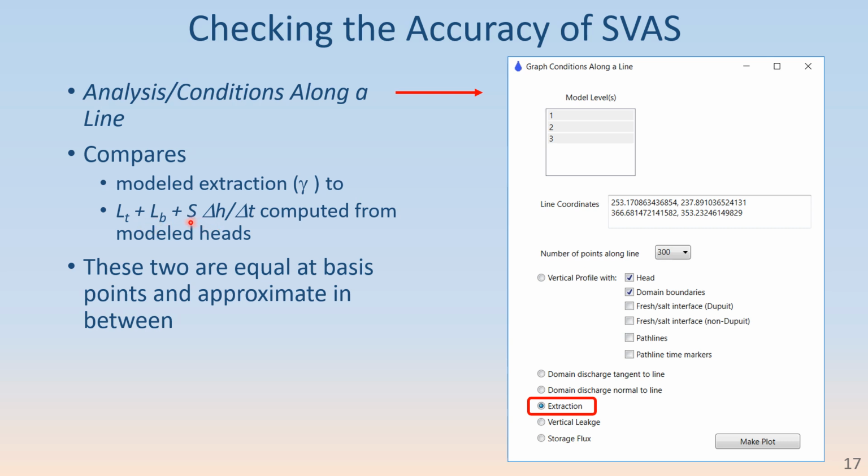This storage term is computed using a finite difference: head at the current time step minus head at the previous time step, divided by the duration of the time step. So the second curve is computed this way with head differences, and these two are going to be exactly the same at every basis point, but what you like to see is not much daylight between these 2 curves. This desired distribution is being approximated well by the simulated extraction.